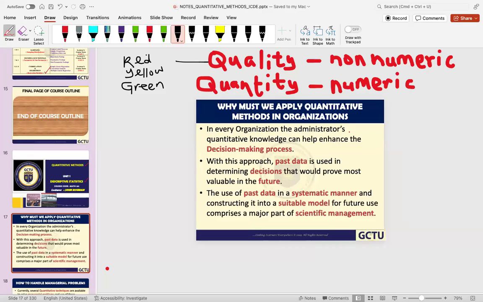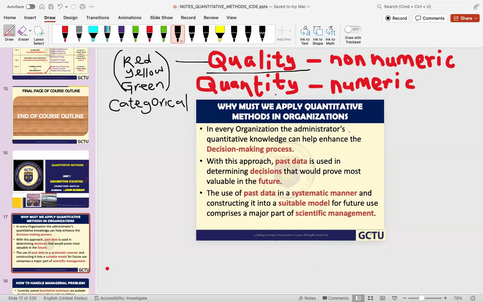That will be one's opinion, the opinion of people. It is not you who can determine that red is better than yellow, and yellow is better than green. So when you are doing such comparisons, these cannot be quantitative. They can only be qualitative, or there's another word called categorical. You can just put them into categories, but you cannot make them look like they are numeric.